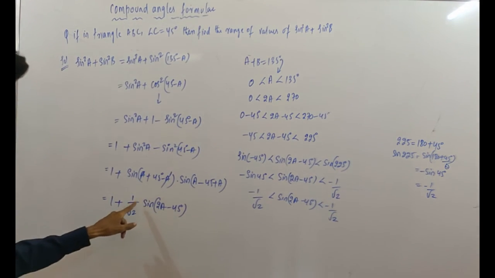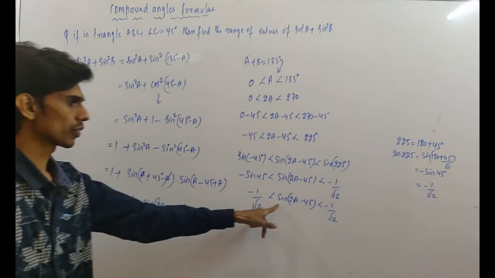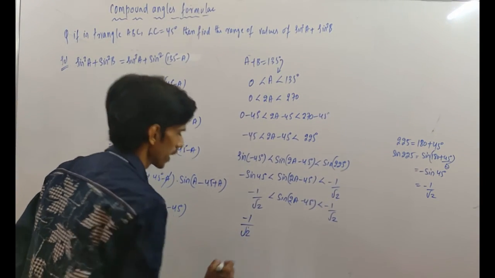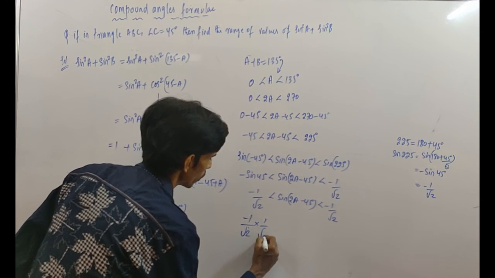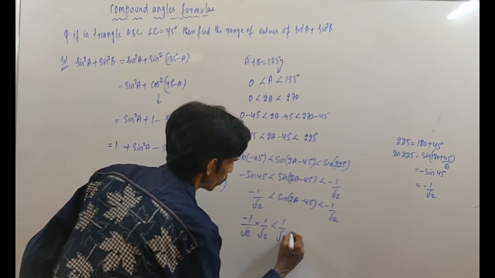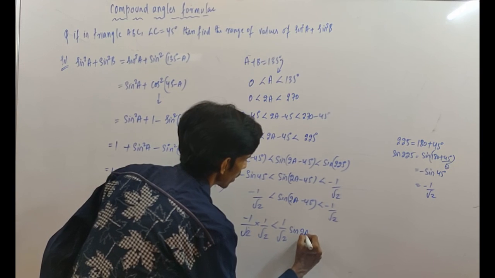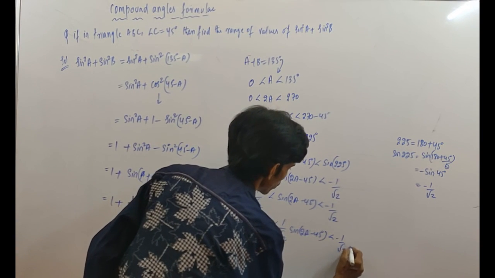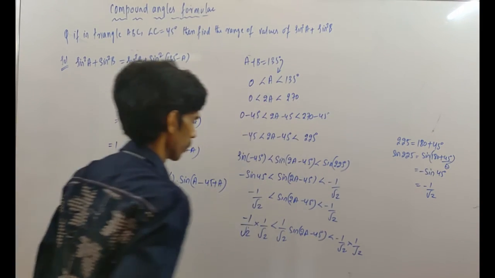Here we have 1 by root 2 before sine, so multiply by 1 by root 2 on both sides. It becomes minus 1 by root 2 into 1 by root 2 less than 1 by root 2 sin(2A minus 45 degrees) less than minus 1 by root 2 into 1 by root 2.